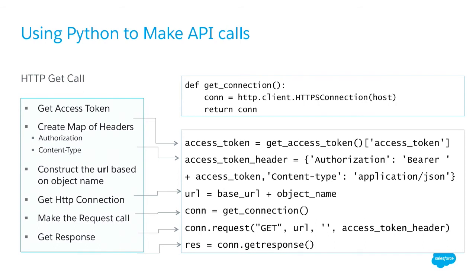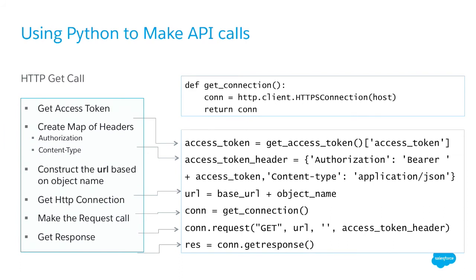Now once we have the access token, we are creating a dictionary of header fields. What are the header fields? Two of them. One is the access token, second is the content type. Content type is very important, otherwise the force.com server side will get confused. Is it XML, JSON, what is happening, right? Make sure you define both of them.